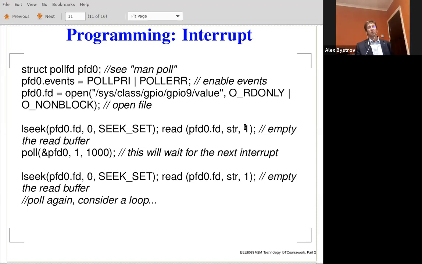Because if you type cat and the path to the file value, you will discover that it has either 1 or 0 written in it, and that is an ASCII code rather than a binary value. Apparently it's not just a character, but a very short string. So once this is done, the reading of the buffer is finished.